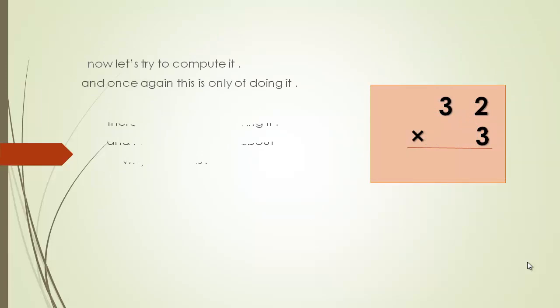Now let's try to compute 32 times 3. This is only one way of doing it, there are many ways, and I want you to think about why this works.